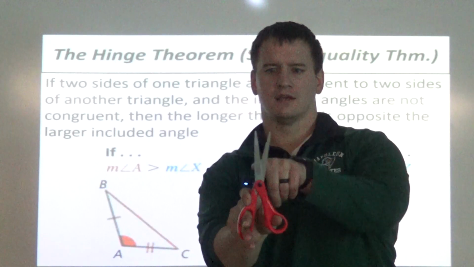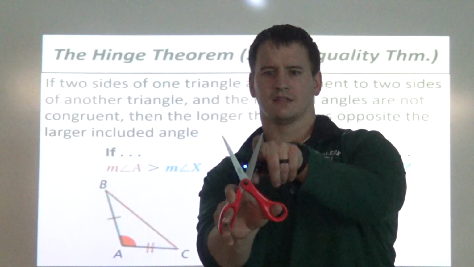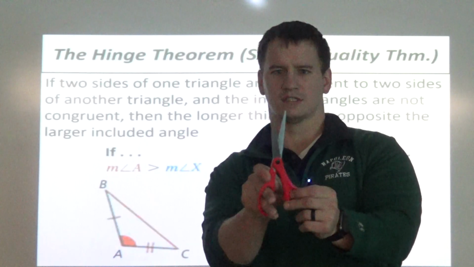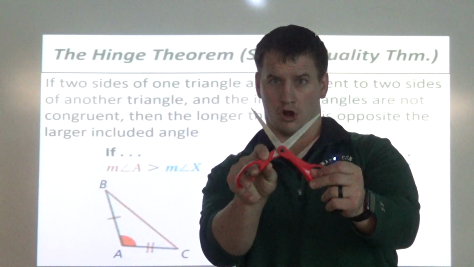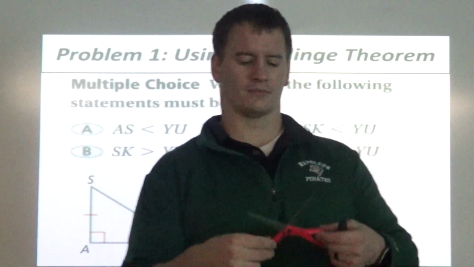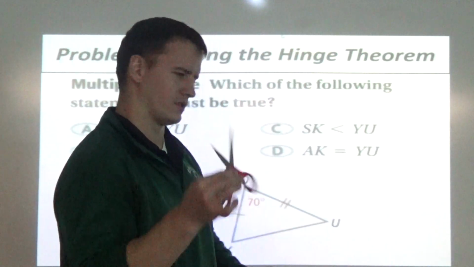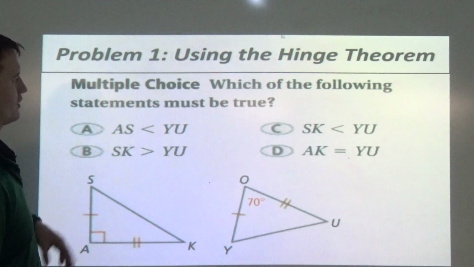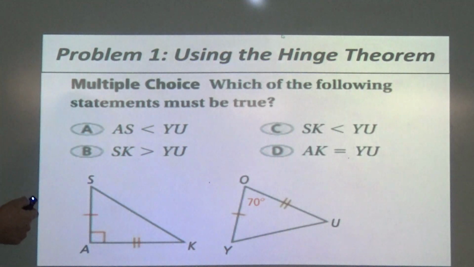The bigger I open this, the farther apart those get. This segment here is longer, so this is a very short segment, very large segment. That's all they're saying with that hinge theorem. Hence the hinge there. Okay, moving on. Using the hinge theorem.